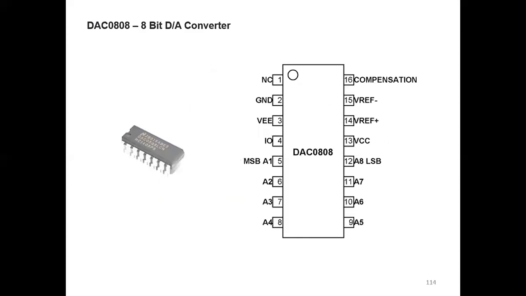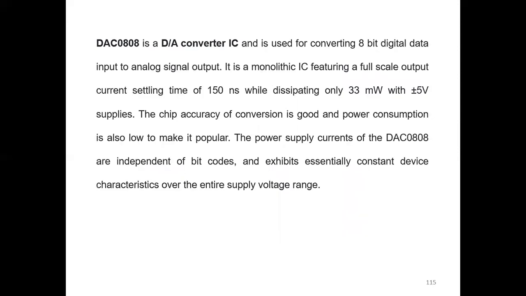This is the DAC IC, that is DAC 0808, a monolithic IC which has 8 inputs and an output. A0 to A7 are inputs, with V reference minus and V reference plus terminals. The DAC converter IC is used for converting 8-bit digital data input to an analog signal output.